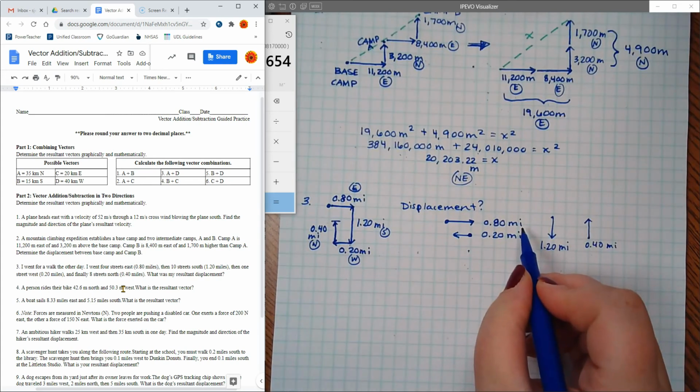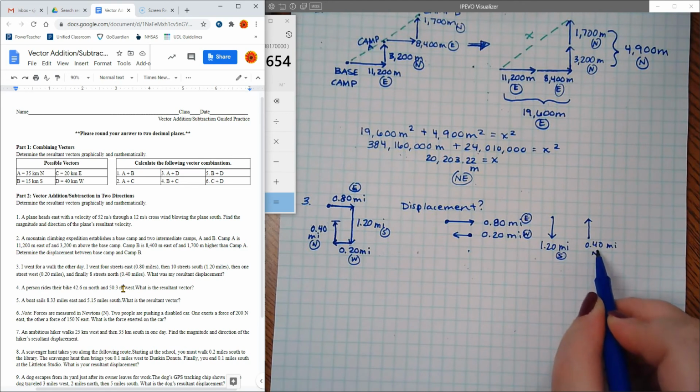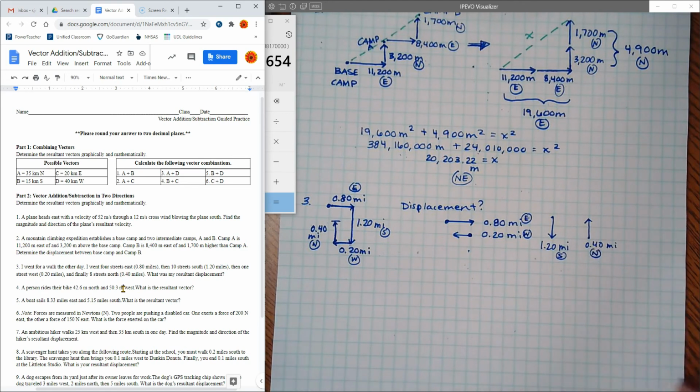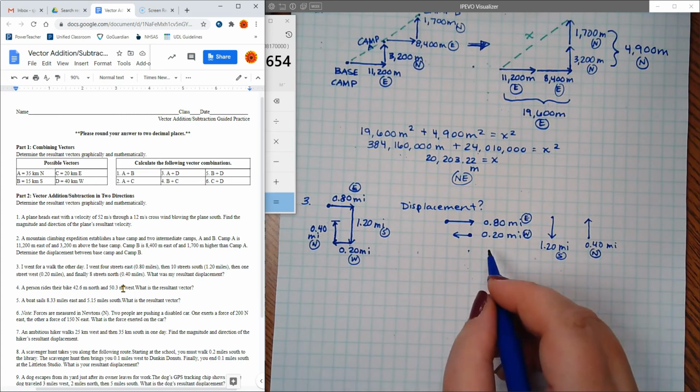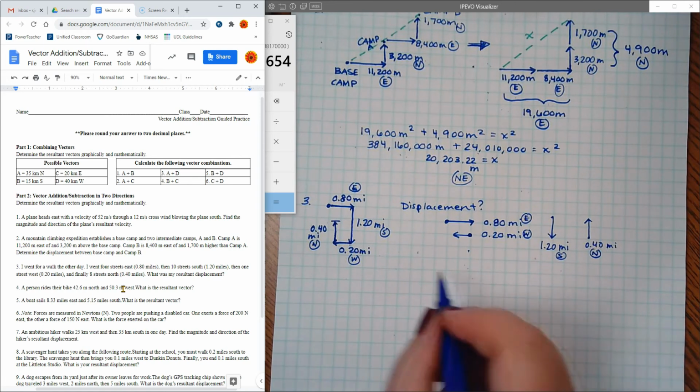For these, I have, again, my eastern vector and my western vector, and then this is southern and northern. I should remind you they are not drawn to scale, but we can still combine the horizontal vectors like east and west, and then the vertical vectors like north and south.